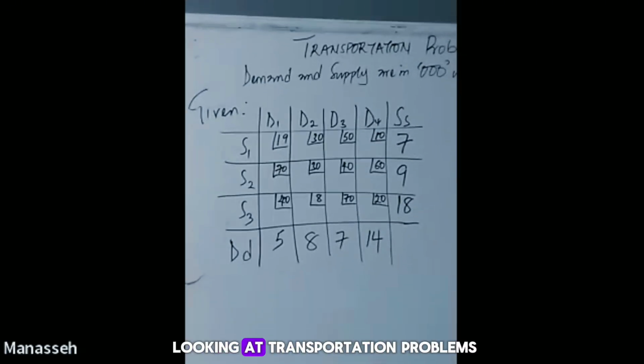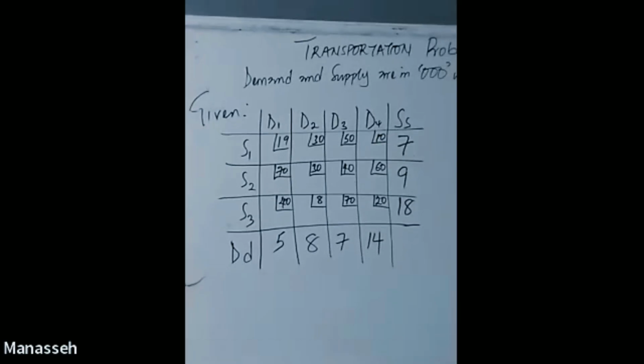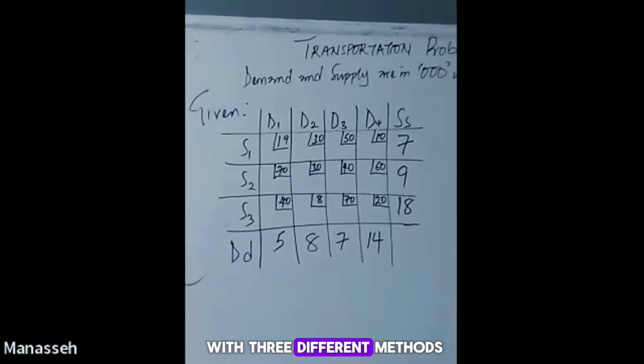So today we'll be looking at the transportation problem, and we'll be looking at this example that we have on the board. We'll be solving this example with three different methods.